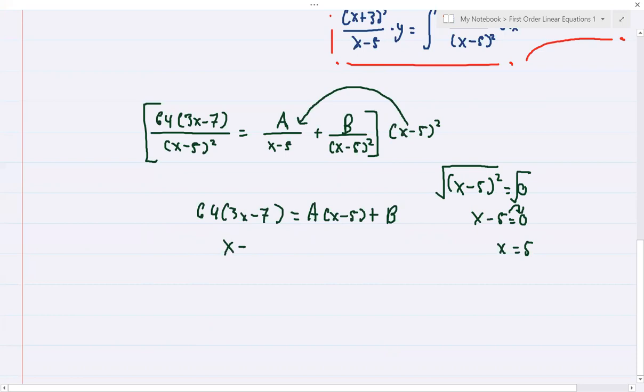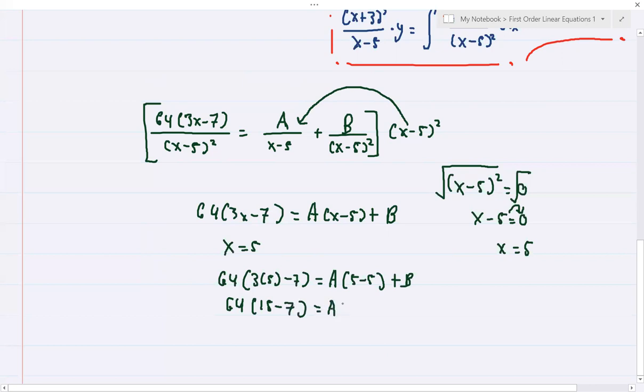So if we have x equal to 5, then we will have 64 times quantity 3 times 5 minus 7 is equal to A times quantity 5 minus 5 plus B. So 64 times 3 times 5 is 15 minus 7 is equal to A times 0 plus B. So 0 times A will be 0 plus B.